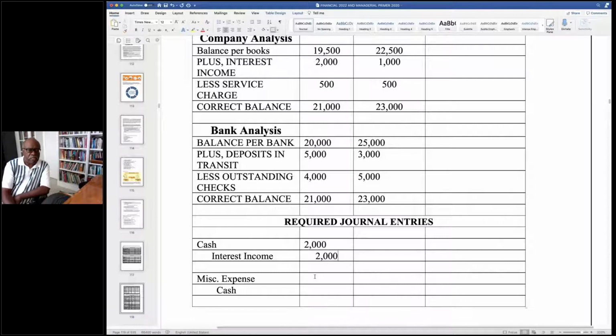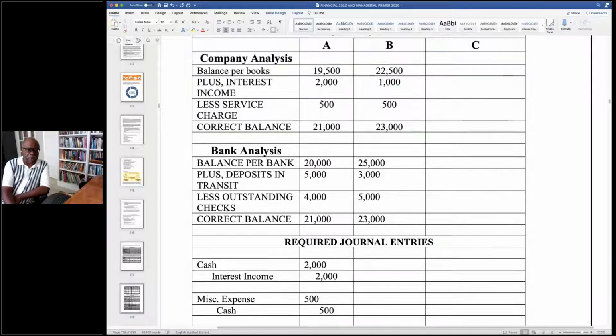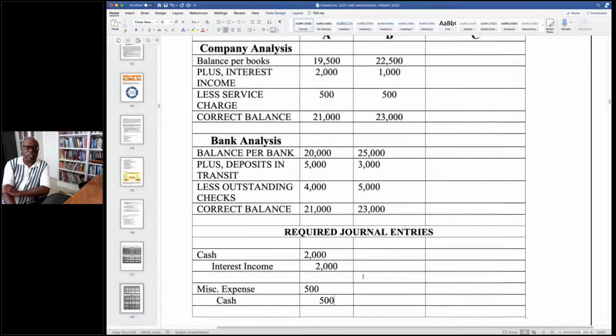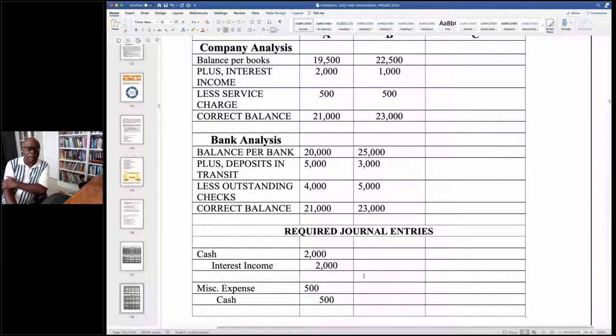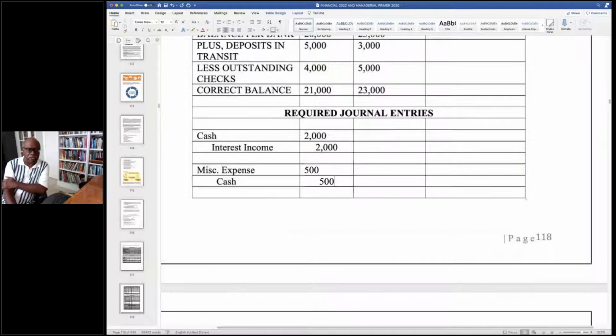We also debit miscellaneous expense for the bank service charge, $500, and credit cash 500. For the items on the company analysis, we make journal entries and post them to the ledger. These are new journal entries based on the bank reconciliation.